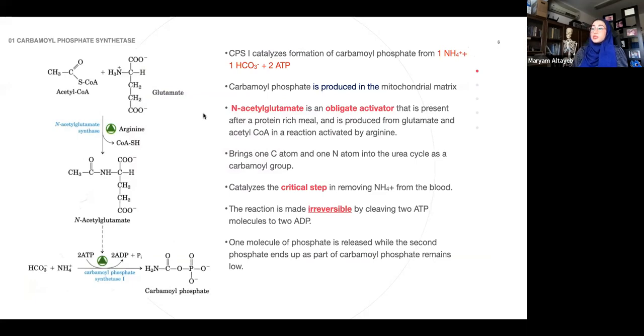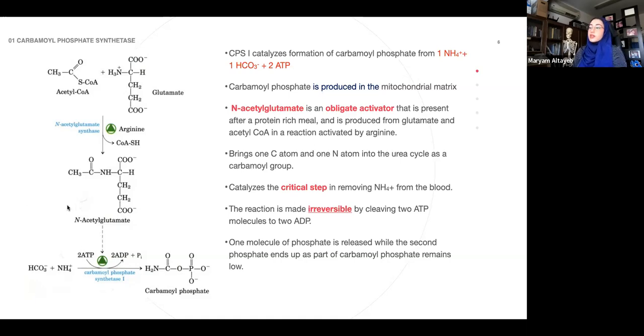But what's more important than that is that I really need you to remember that we have a molecule called N-acetylglutamate synthase, and this is going to be creating our N-acetylglutamate. Why do we care about N-acetylglutamate? Well, N-acetylglutamate is what's going to catalyze this step. It's an obligate activator, so this has to be present.